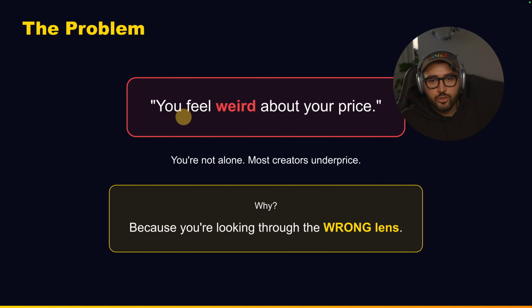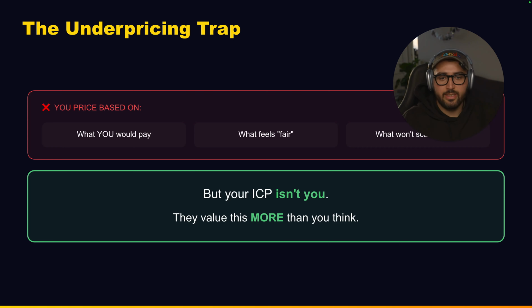The problem is you feel weird about your price, and you're not alone. Most creators underprice, and they don't know if they are pricing something correctly or not, and they do not feel okay about their offer and their pricing. And why? Because most of the time you are looking through the wrong lens.